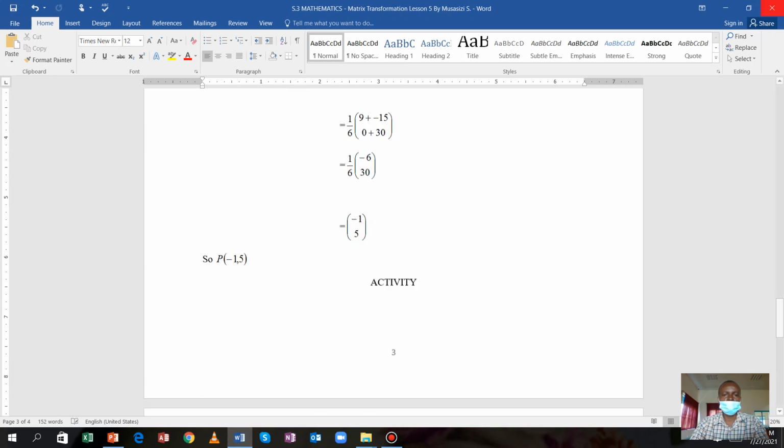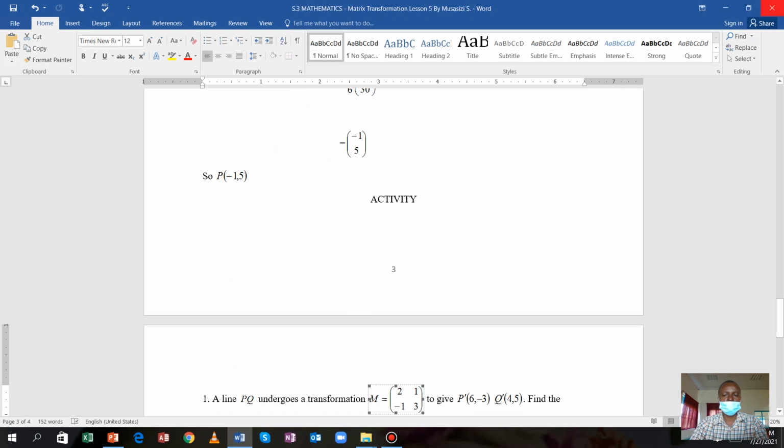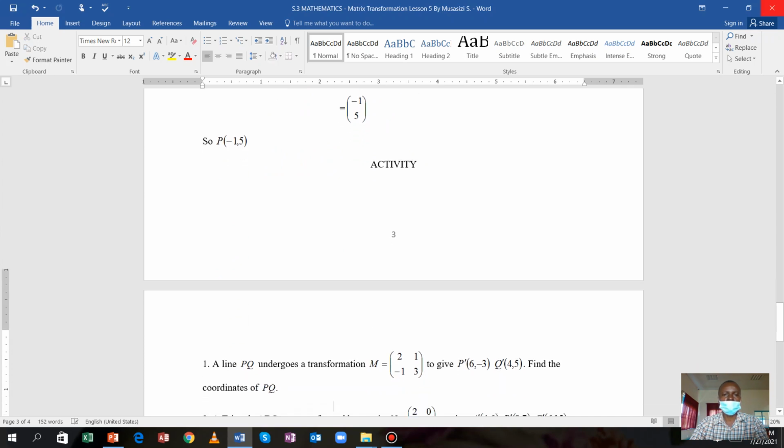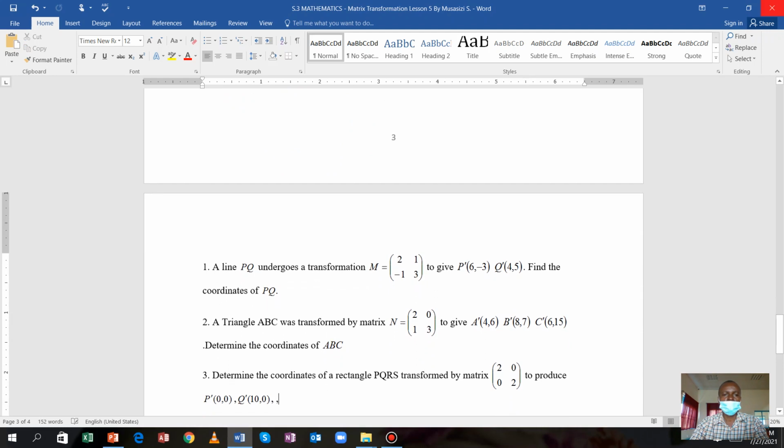It is the simplest. So this is an activity for you. There are 3 questions and they all require you to get the object points. For example, number 1 is a line, so I want the coordinates for the object, that's P2. Number 2 is a triangle, I want the object points for ABC, since I've given the image.